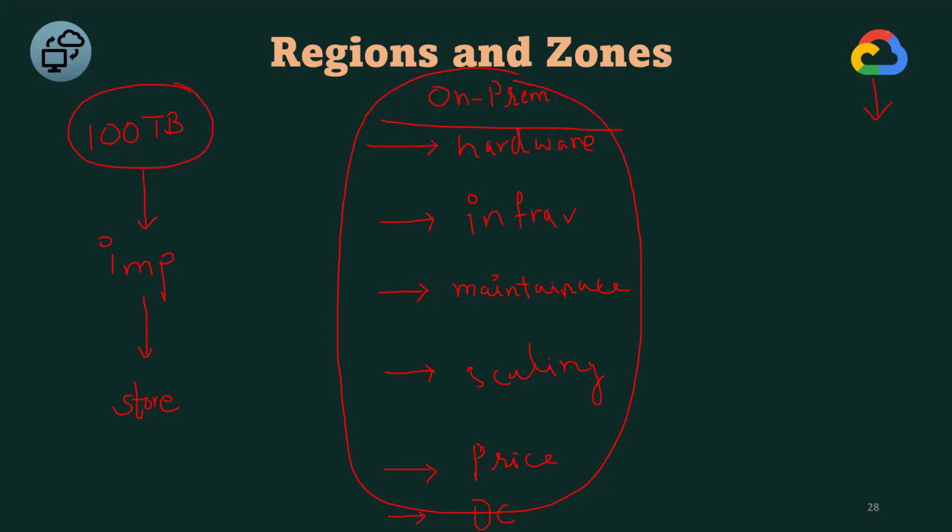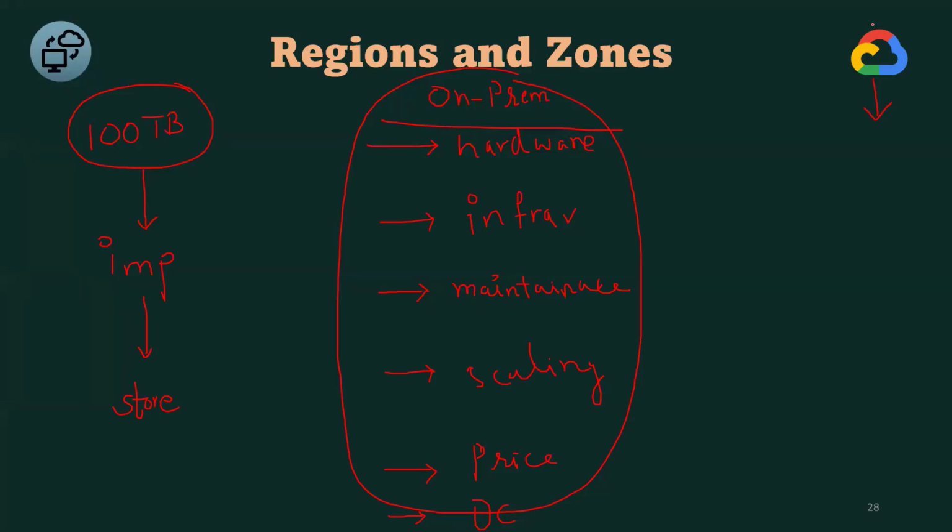So I will go to Google Cloud Platform, because it has all its data centers available throughout the world, which we have just seen. Google's infrastructure is available throughout the world.